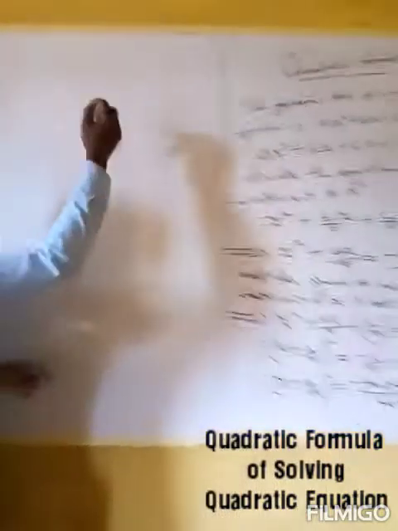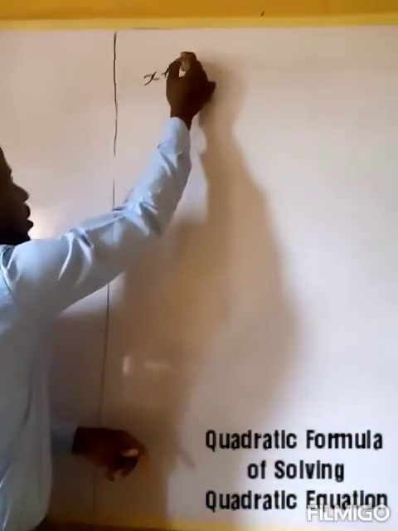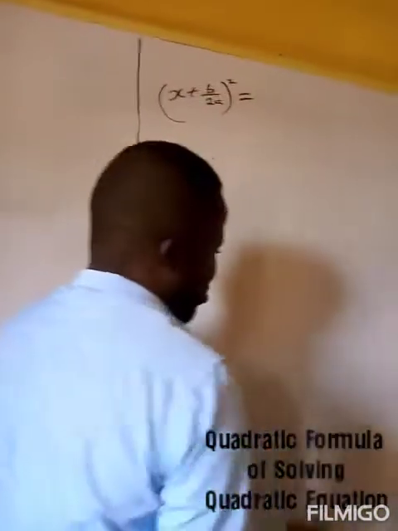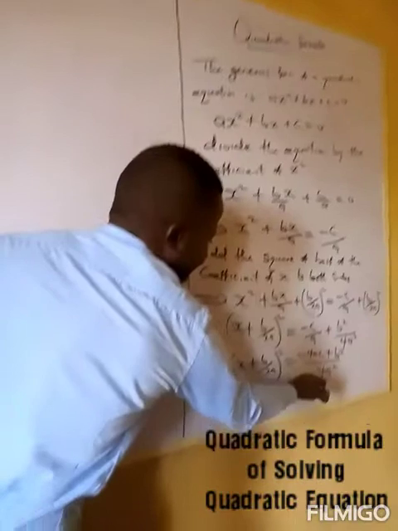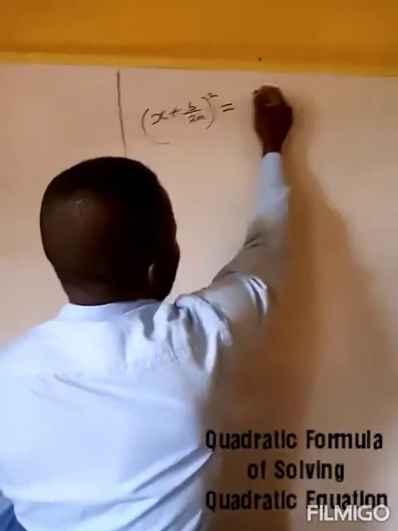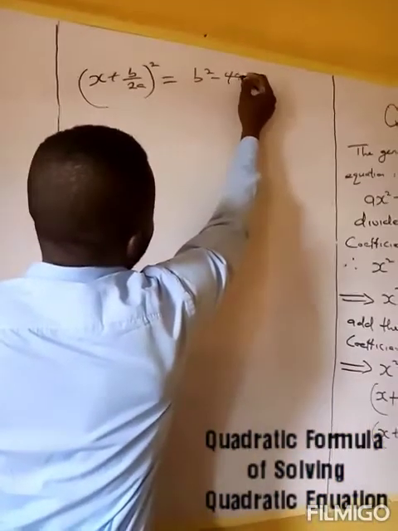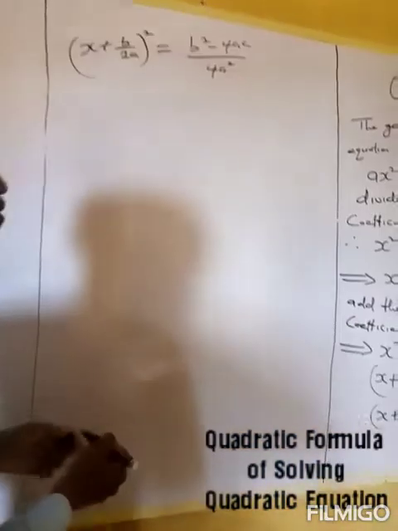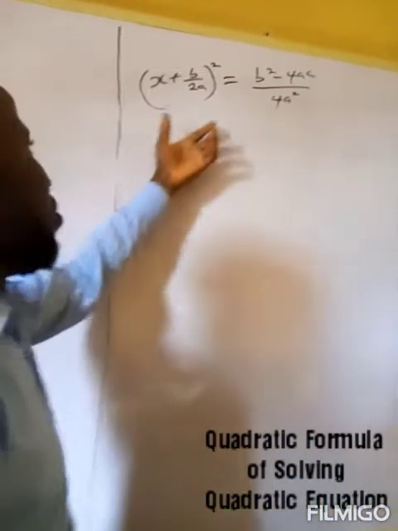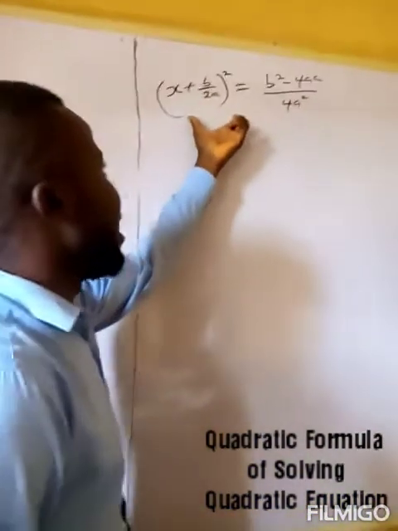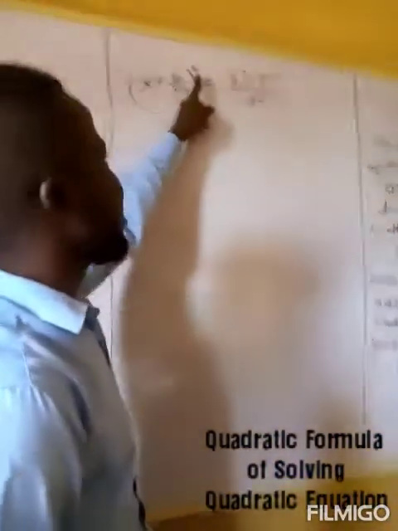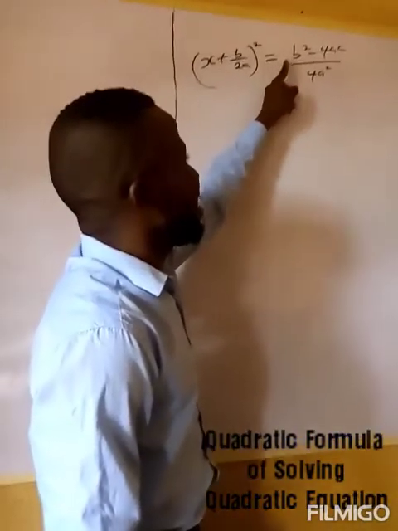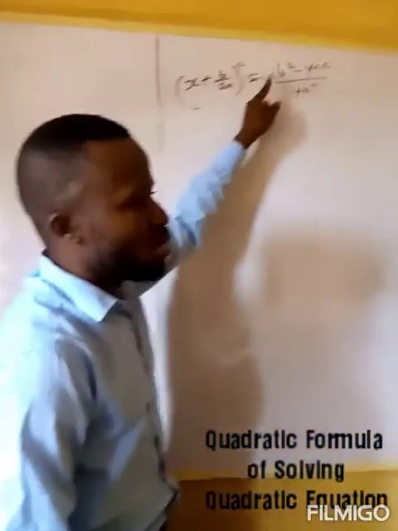From here, I can say s plus b over 2a all squared equals, I want to rearrange this by saying b squared minus 4ac over 4a squared. Now, since this side is raised to power 2, it can later make this a root.